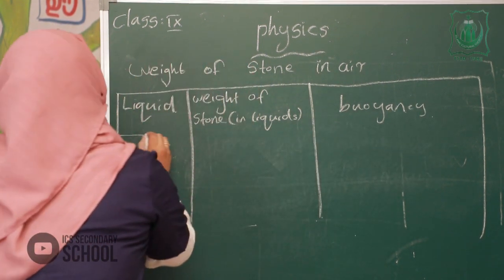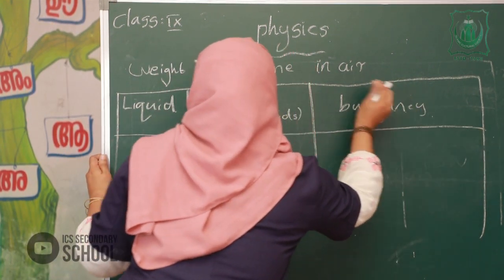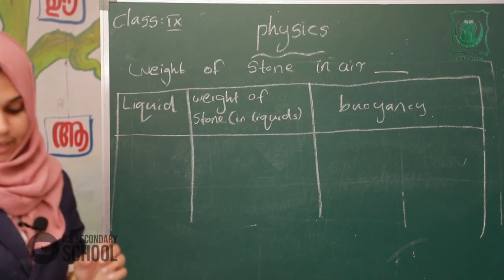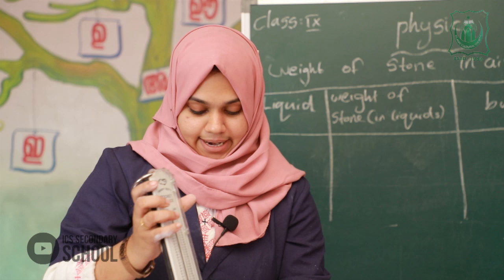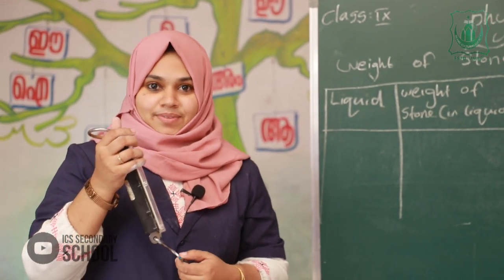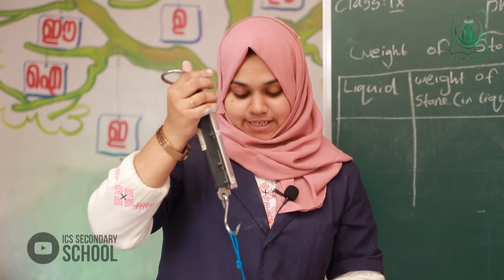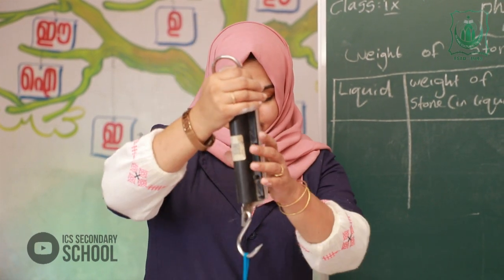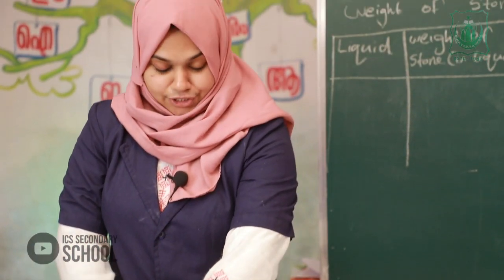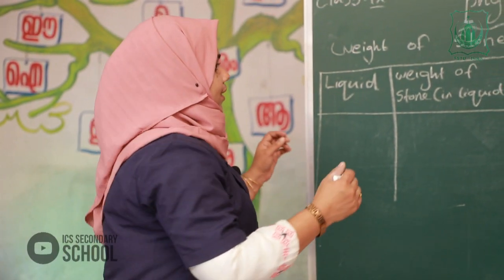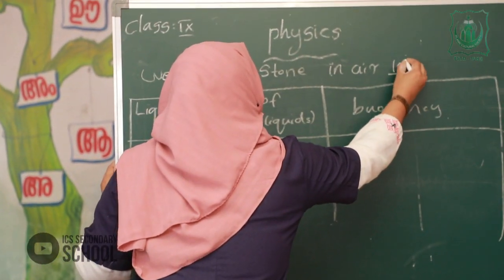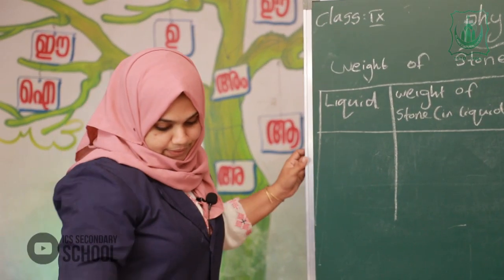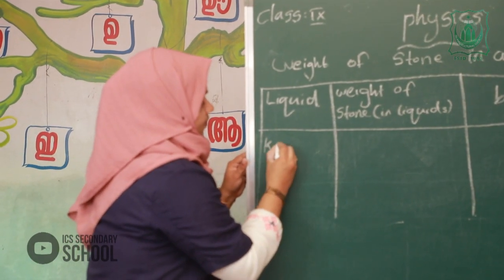First we want to find the weight of the stone in air. I take a stone and this is a spring balance. The spring balance is used to measure heavy objects. I take an approximate value. Yes, this is 10 Newton. Weight of stone in air is 10 Newton. Then the first liquid, kerosene.